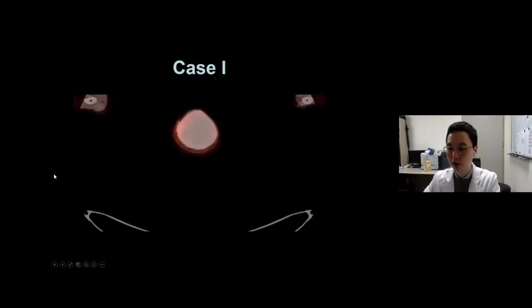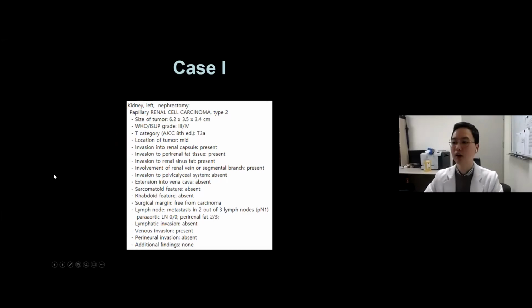And this patient underwent nephrectomy for the renal cell carcinoma, and it came out as a high-grade renal cell carcinoma. However, the tumor type was papillary type. Still, the patient showed very infiltrative, invasive features, which are more seen in the clear cell carcinomas.